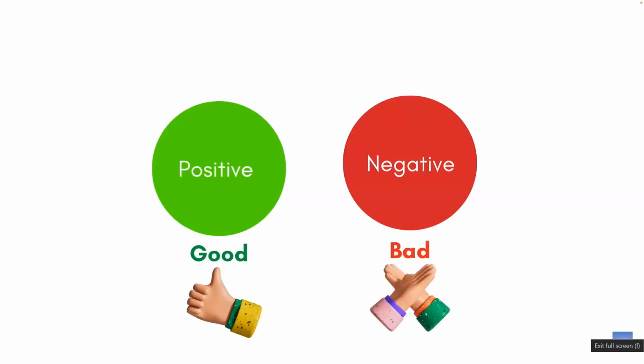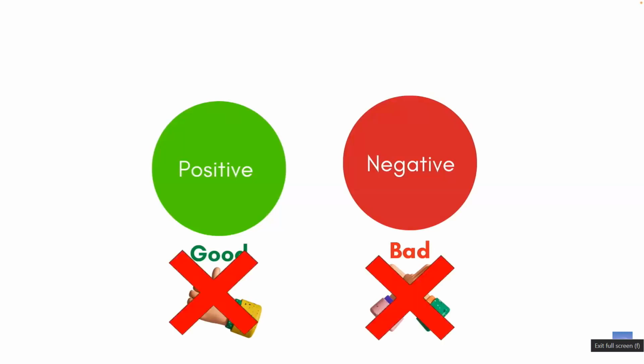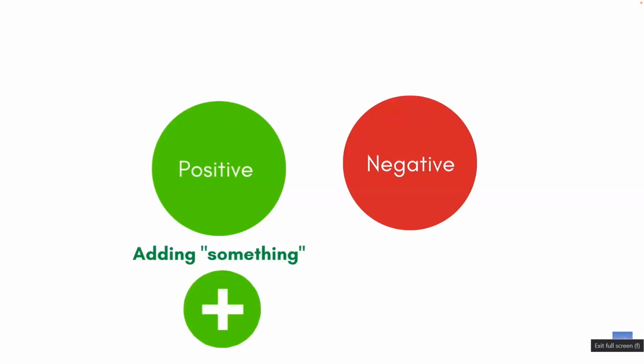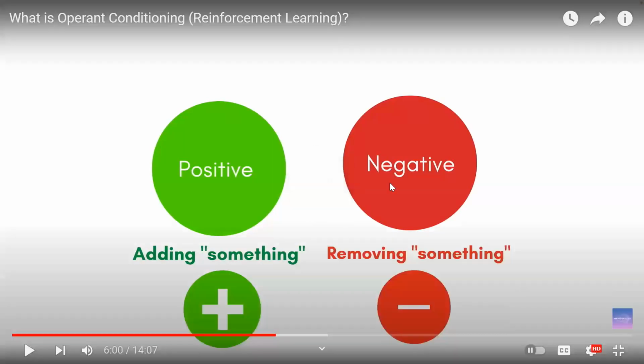However, in the context of the operant conditioning theory, this is not what these words mean. In operant conditioning, positive stands for adding something, and negative stands for removing something. It's a very good point that I want to highlight. Normally we believe positive is always good and favorable, and negative is always bad and unfavorable.